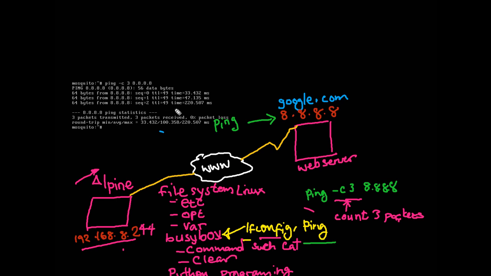The first thing is these results. We sent 3 counts, and they have come back with sequence 0, sequence 1, and sequence 2, which is 3. These are 64 bytes from.